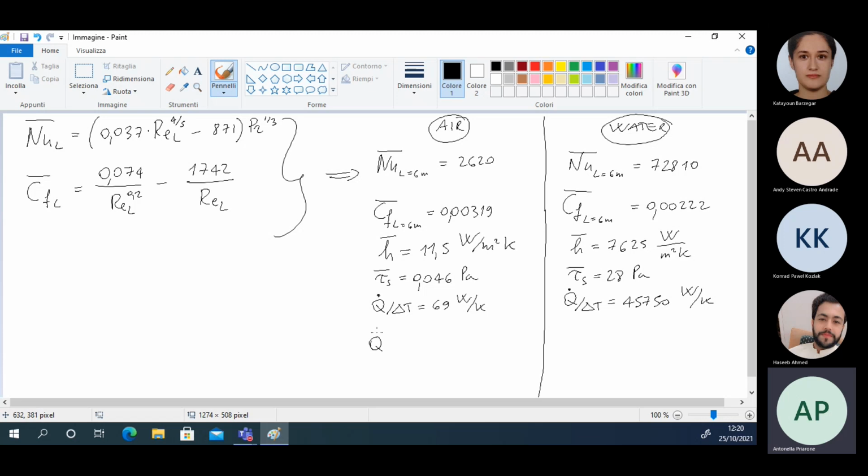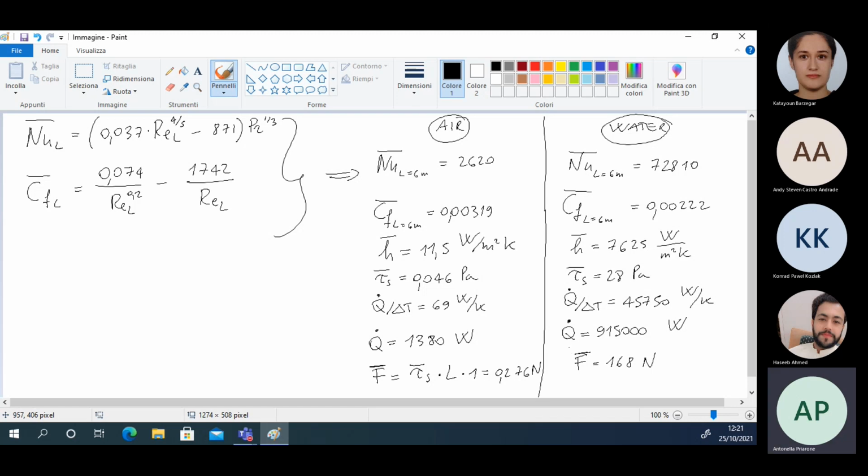So applying the corresponding delta T, I have that the transfer rate is equal to 1,308 watt for air, and for water is equal to, okay, 15 watt, and the drag force that is equal to tau S by L by 1 is equal to 0.276 Newton for air, and the drag force is 168 Newton for water.